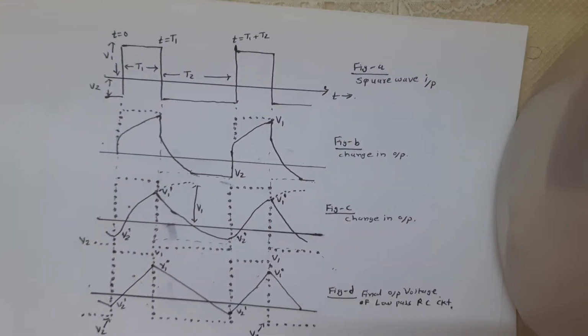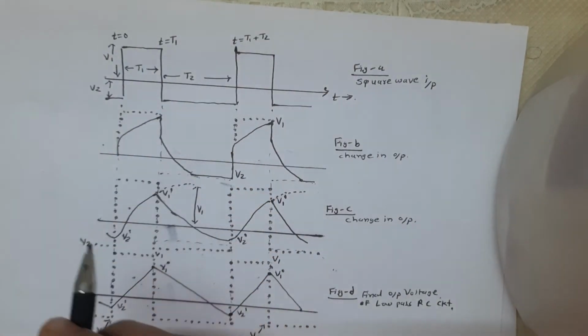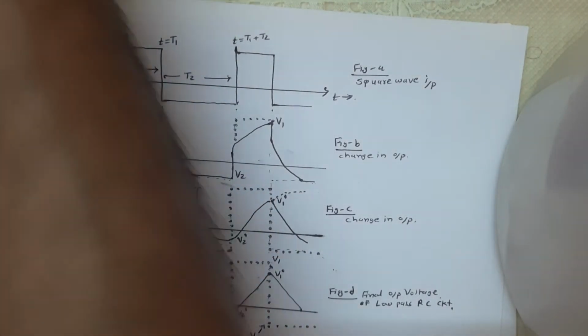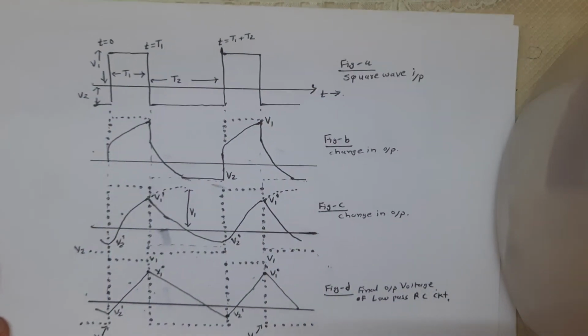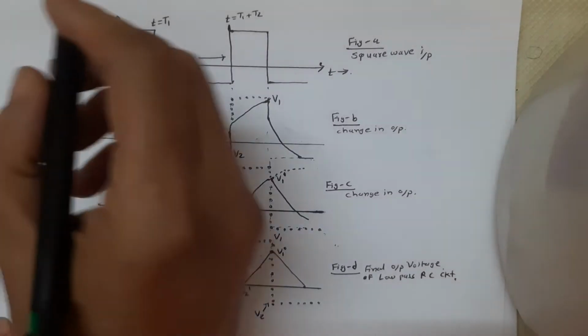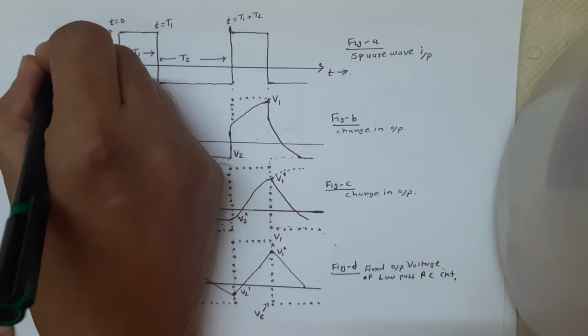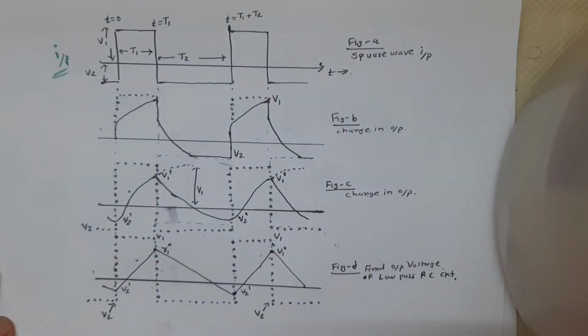This square wave is our input signal, the input given to the low pass filter circuit.